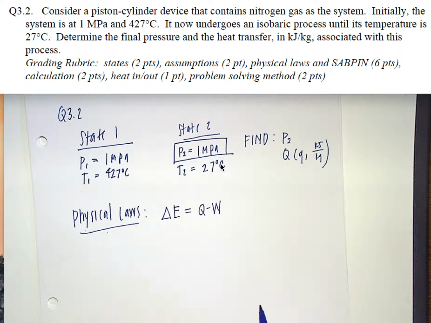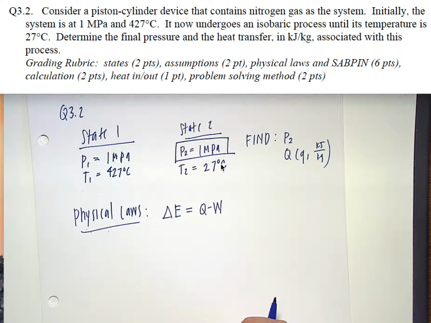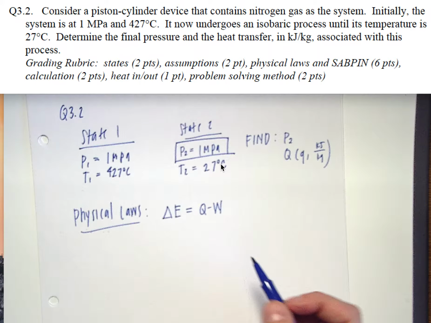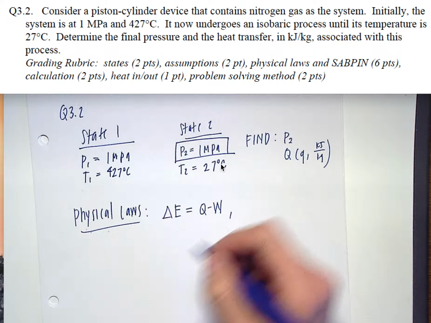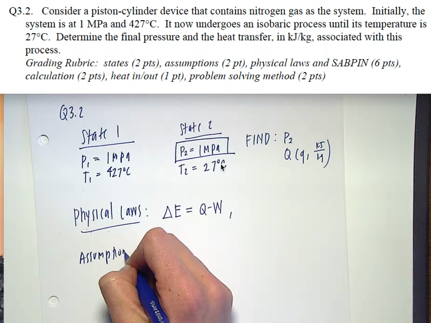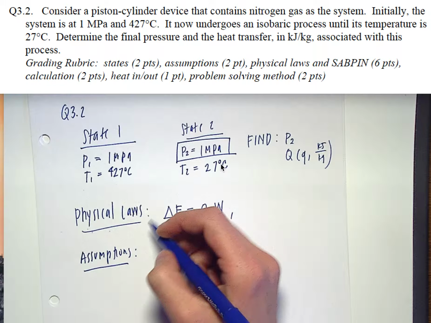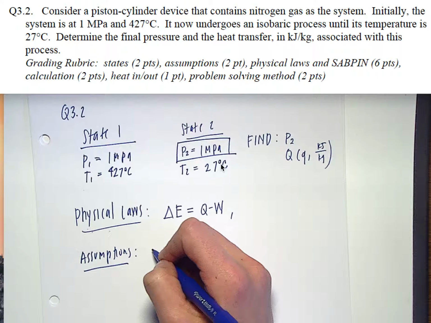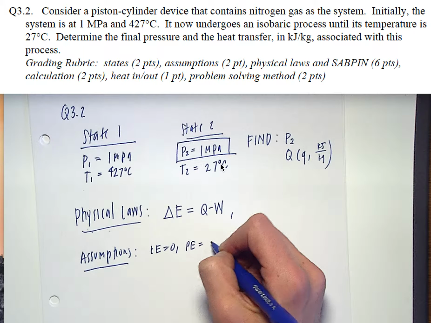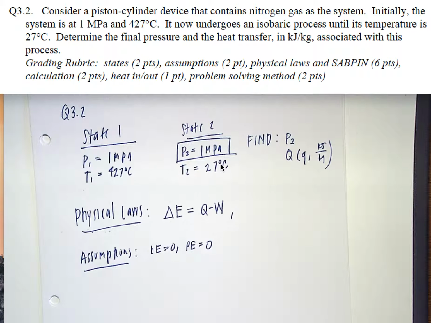For this problem, there is going to be boundary work because it's a piston cylinder, and you also can start thinking of some assumptions to simplify. The first one is that there was no mention of kinetic or potential energy, so those are both going to go to 0.